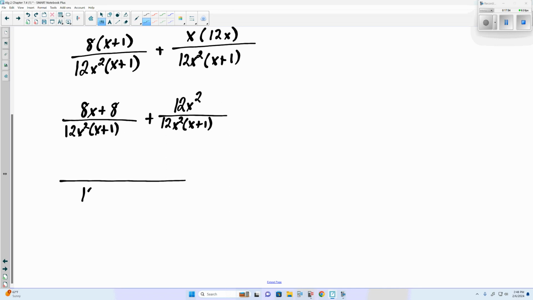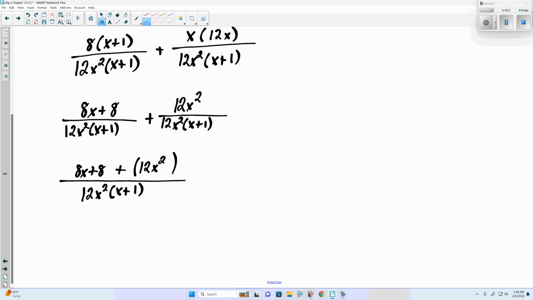Since the denominators are the same, we can add the numerators. Now, since we're adding, we really don't need the parentheses. We put the parentheses, especially with subtraction, to make sure we get our signs correct, because we have to distribute that negative. That's what causes issues.